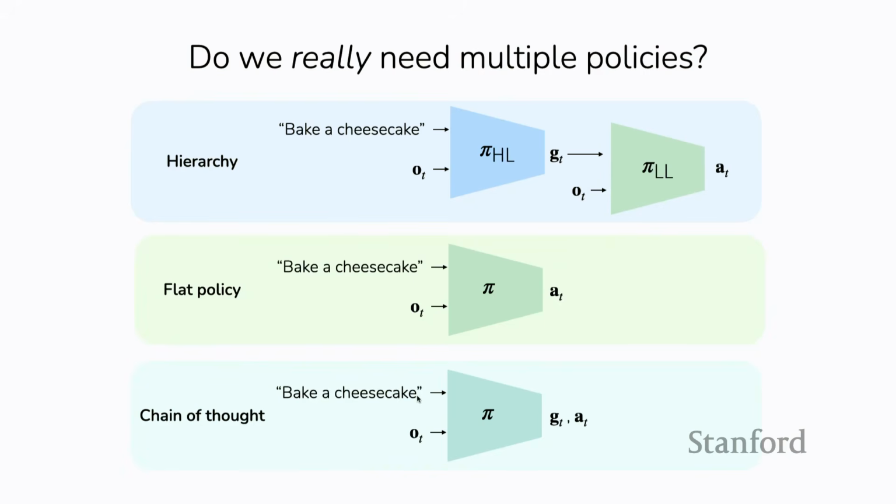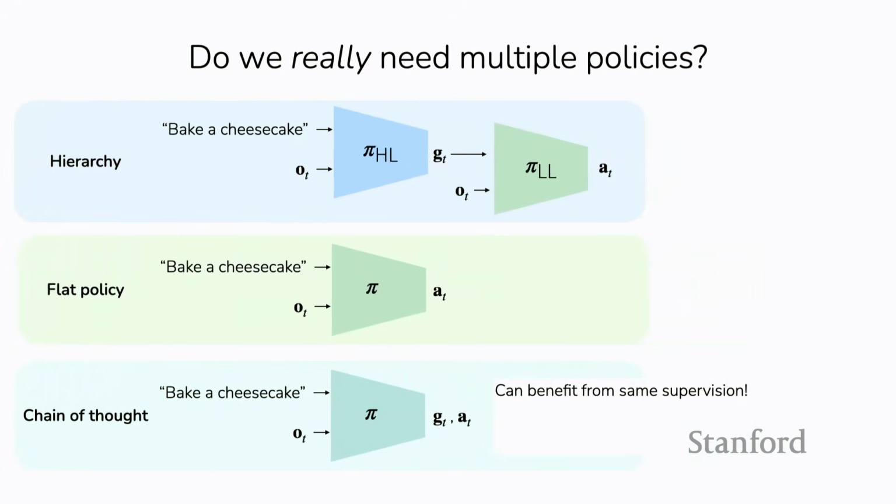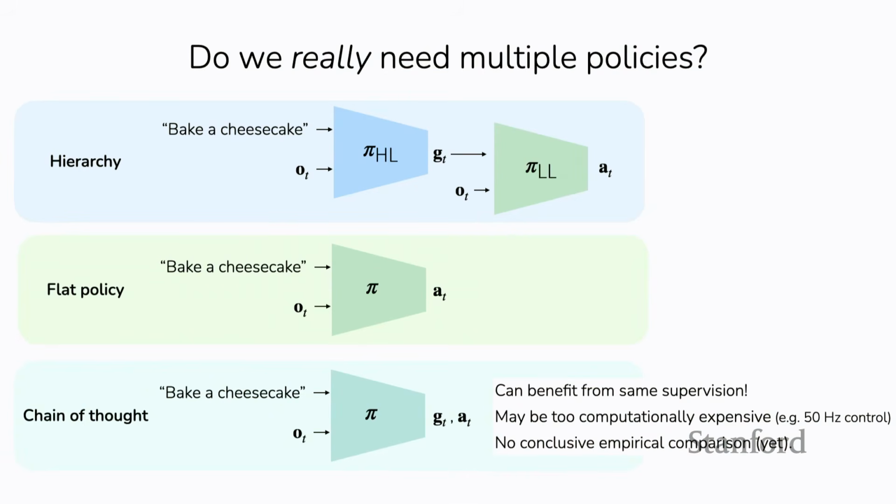This sort of approach can actually retain a fair number of the benefits, so you can benefit from the same sort of intermediate supervision. It also might have some practical downsides. This doesn't have the practical computational benefits of separating them into two, because you still have to run this at the full frequency. There isn't entirely a conclusion yet empirically on whether this is just as good as a hierarchical approach.